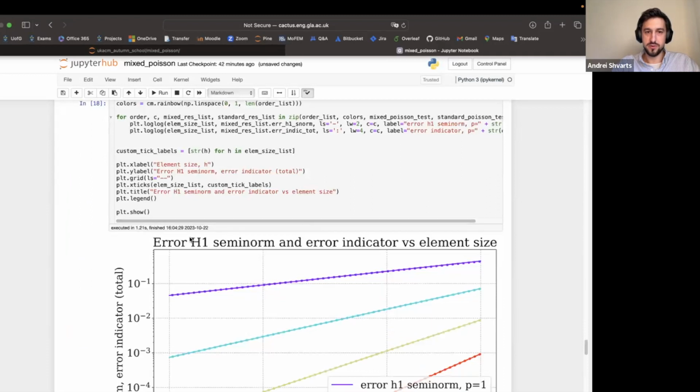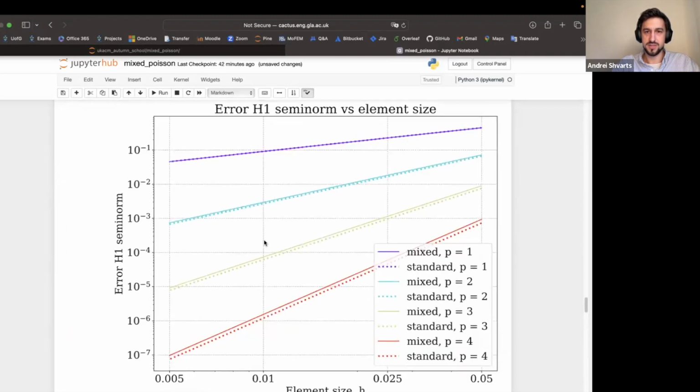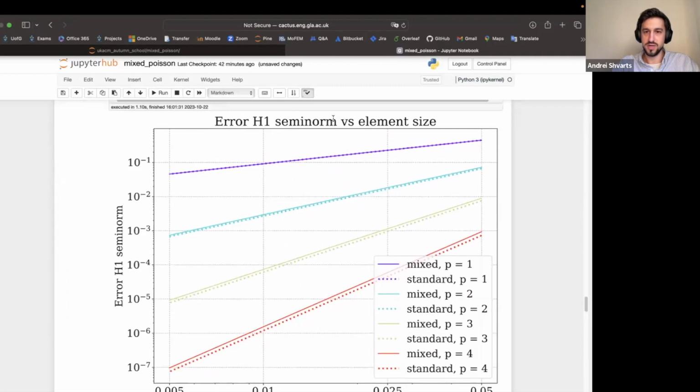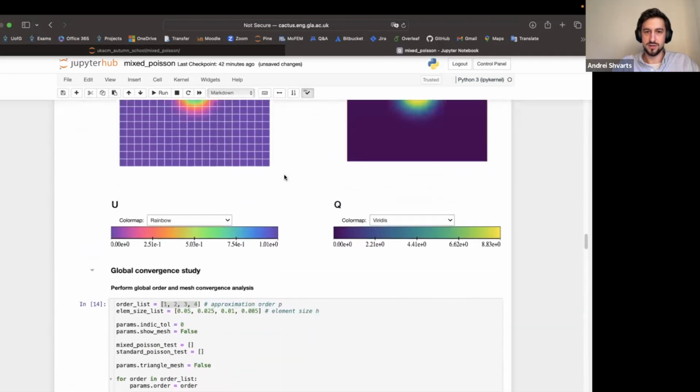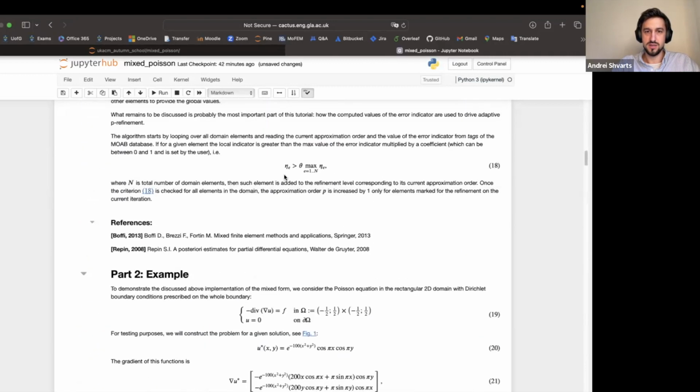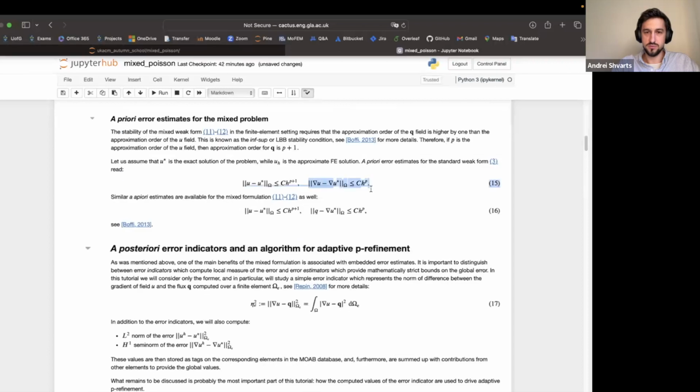First of all, the last plot that we're going to plot over here is actually going to compare the error H1 semi-norm. It's the same that we were looking at over here. So again, this formula over here for standard, and this formula for the mixed. Actually, we're going to be plotting this one because we're going to be comparing in the next plot the H1 semi-norm of the error for the mixed formulation.